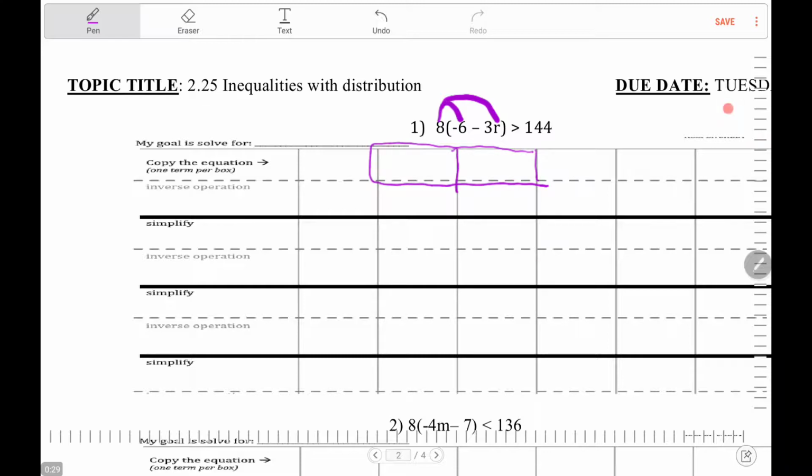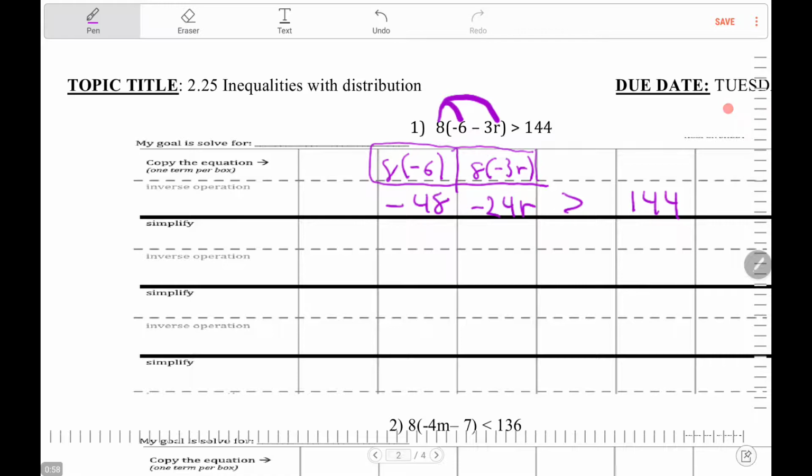Eight times -6, that's one multiplication, and then 8 times -3r. So when we multiply those together, we get -48 minus 24r is still greater than 144.